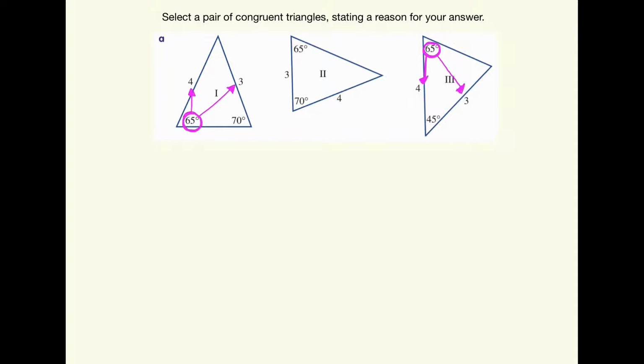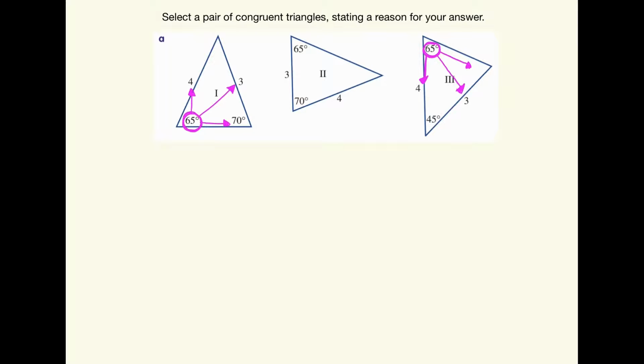Now, with our first triangle, if we go to the right we get to 70 degrees, let's see if that happens with our third triangle. Going to the right. Well, in this case, there isn't a 70 degrees there, but we can determine it because we have the information to do that.